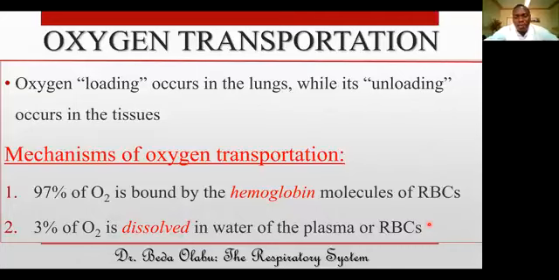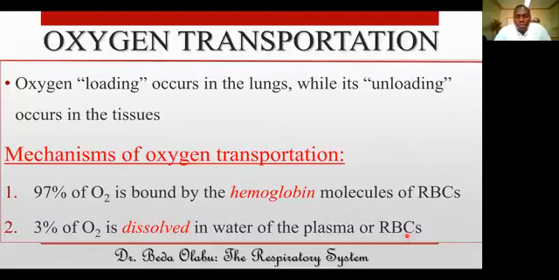So I'll say that again. 97% of oxygen that is in the blood is bound to hemoglobin, which is in the red blood cells. 3% of oxygen that is in the blood is dissolved, either in the water in the plasma or in the water in the cytoplasm of red blood cells.